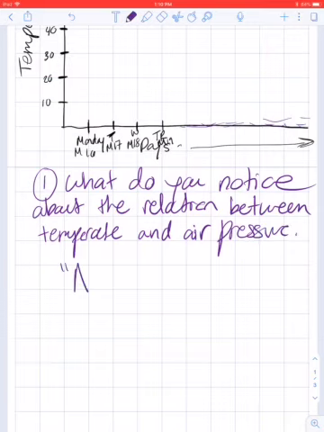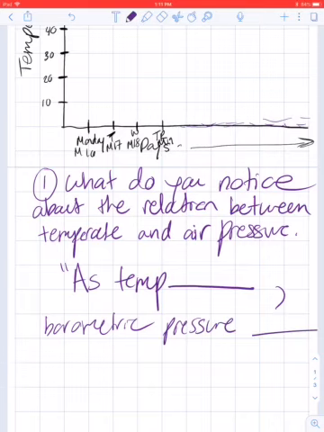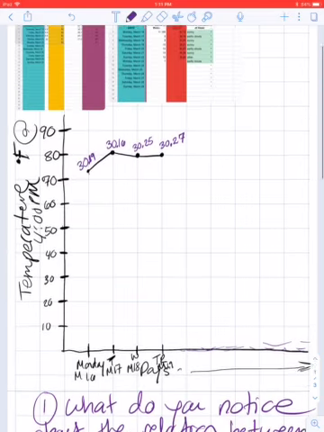You might say, as temperature either increases or decreases, barometric pressure or air pressure increases or decreases. That could be one way that you put that.